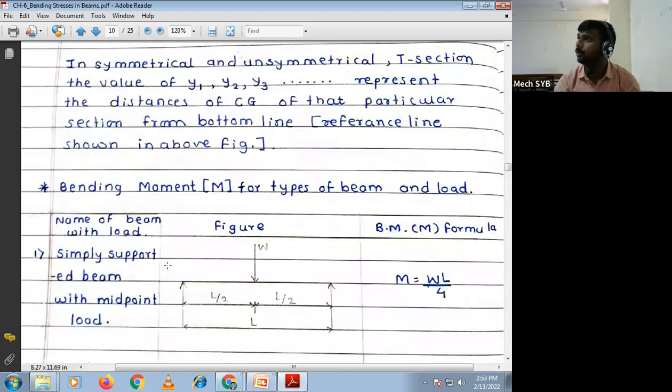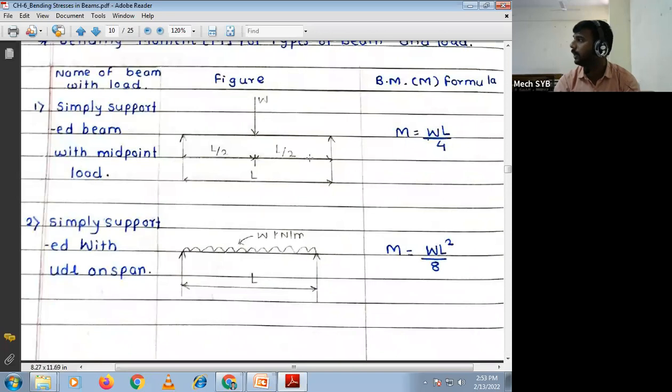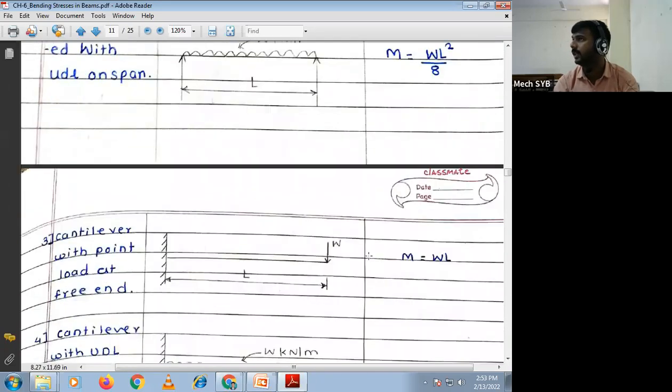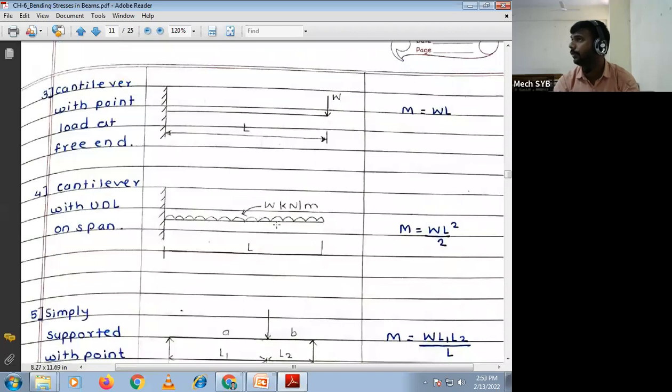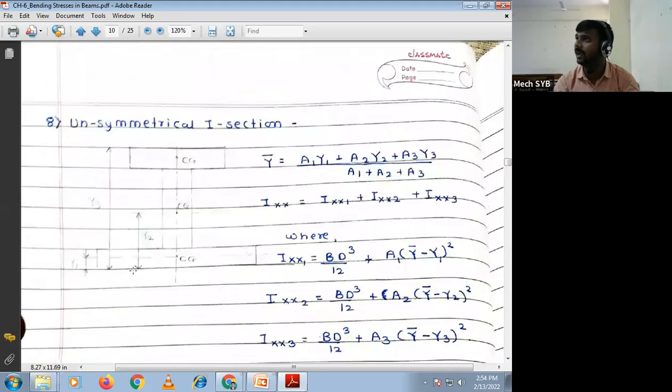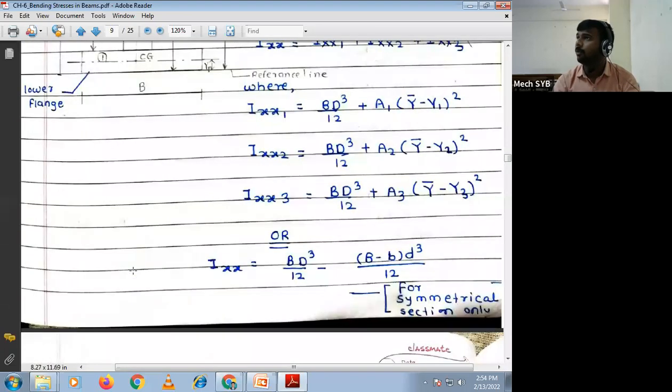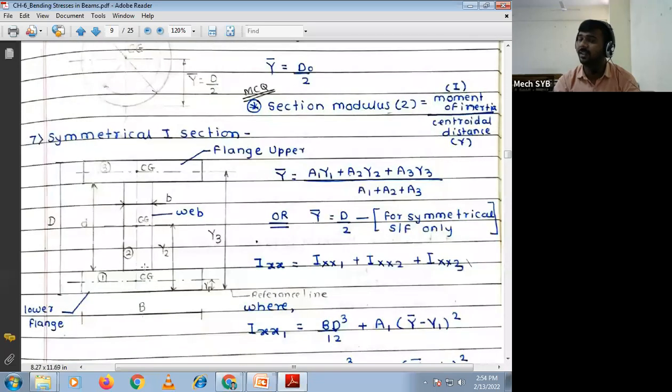Then we will discuss the list of the M formulae for standard cases: simply supported with point load, simply supported with UDL. Then cantilever with point load at the free end, cantilever with UDL on entire span; formulas will be different. So this list of the formulas and Ixx and Y bar distances for the I section and the T section we will discuss in the next lecture, and then we will solve the numericals.